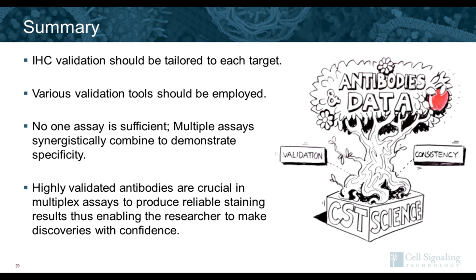I think this question is referring to a situation where you would have an optimized OPAL panel and you want to substitute a new antibody for one that's been previously optimized in the panel.